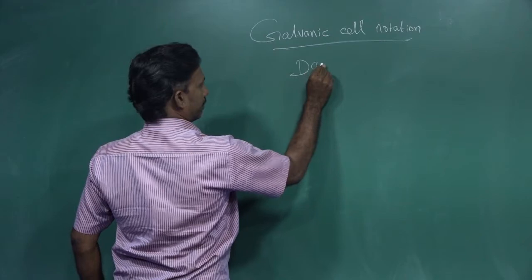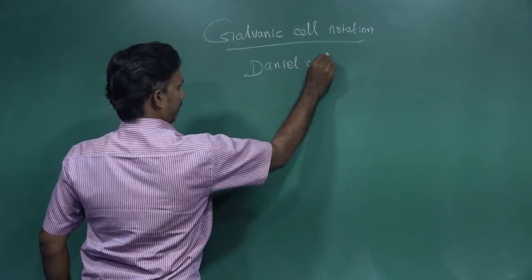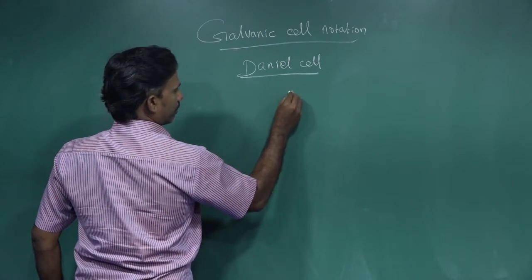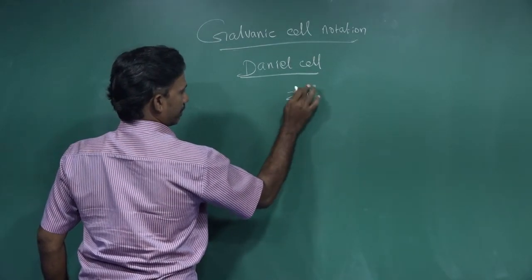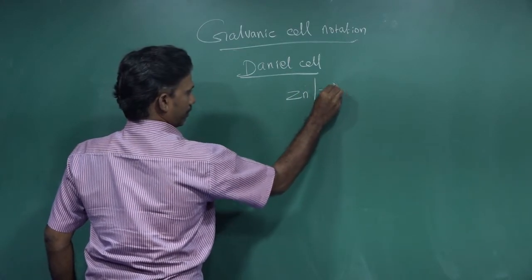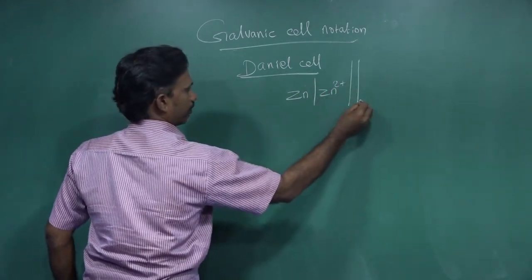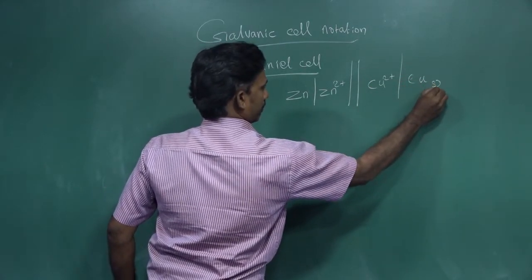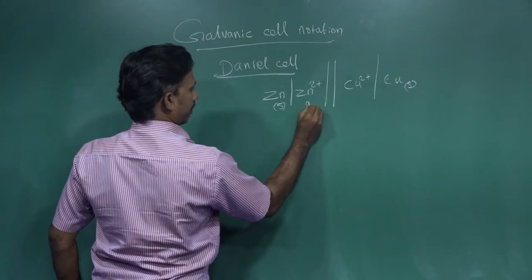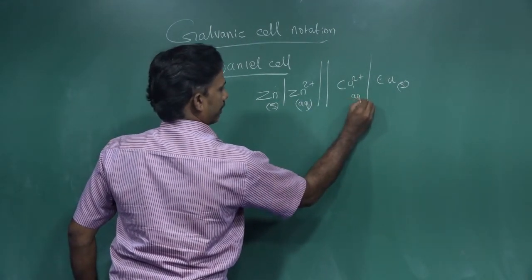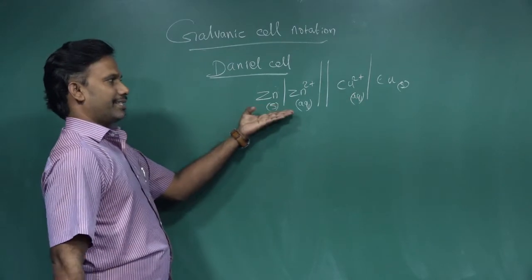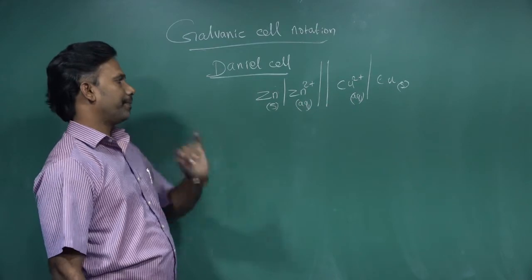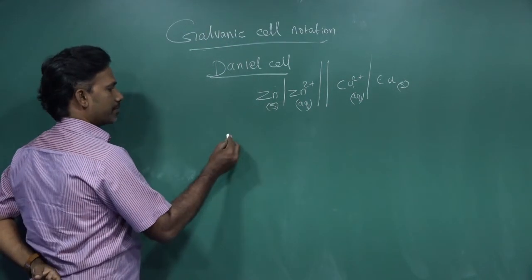I am taking the Daniel cell, and if you see, Zn, Zn2+, solid, aqueous. This is a cell notation of the Daniel cell. We are going to explain it one by one.